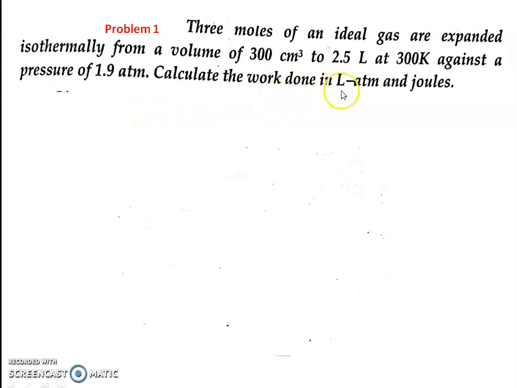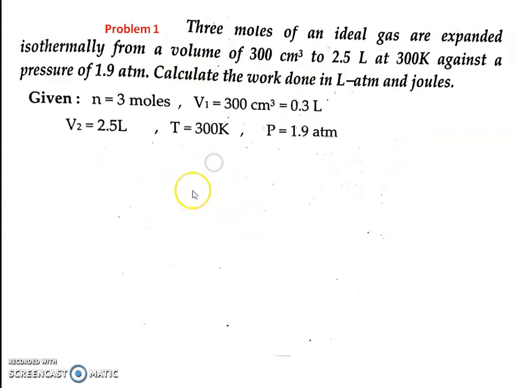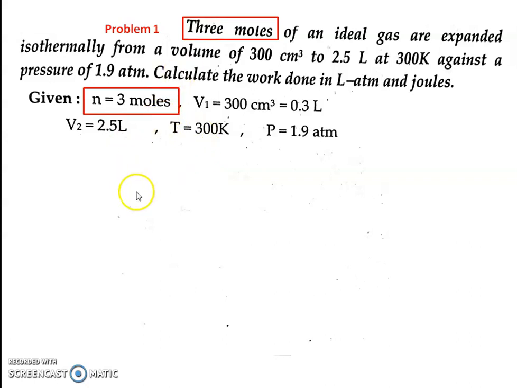Calculate the work done in liter atmosphere and joules. Now what is given? Here 3 moles of ideal gas, so the number of moles is given. Initial volume is given, that is V1, equal to 300 cubic centimeter, which is 0.3 liter.